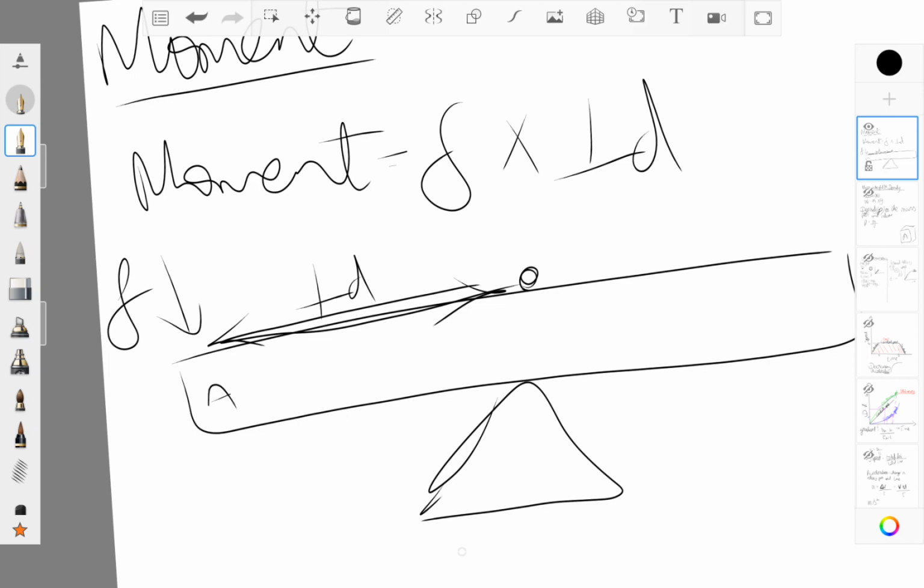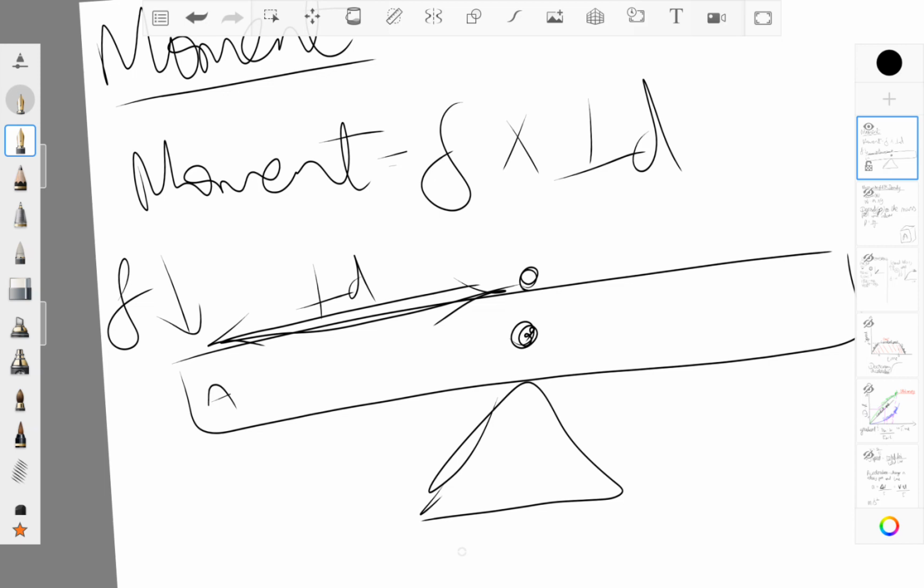Now, one thing that you need to consider here is that the point at which the resultant weight of the body acts is called the center of gravity. That means when I say that this beam is 2 kilograms, I'm saying that basically there's a point in this beam, usually just the middle, which is the center of gravity, and the resultant weight of the body acts at that specific point.